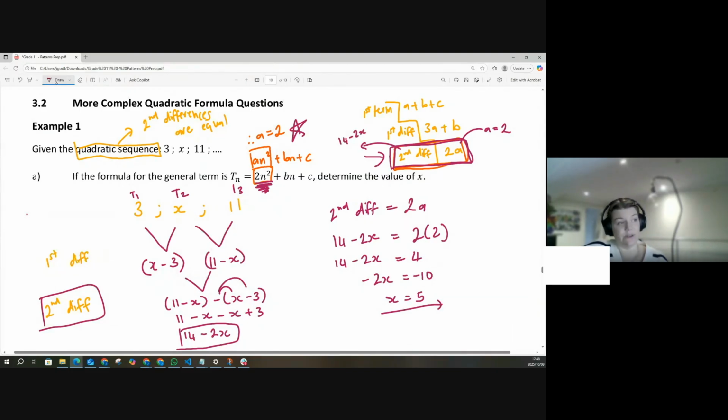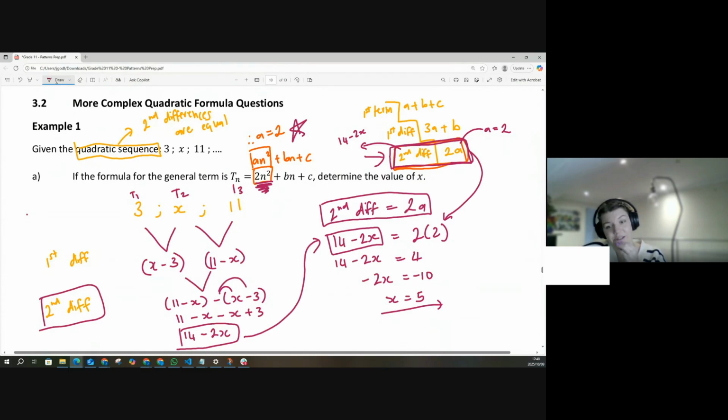So that's what we're doing over here. Our second difference is equal to 2a. This is our second difference. That's what we worked out over here. And the 2a is because we know a is equal to 2. So 14 minus 2x is going to equal 4. So negative 2x is negative 10, and x is equal to 5.